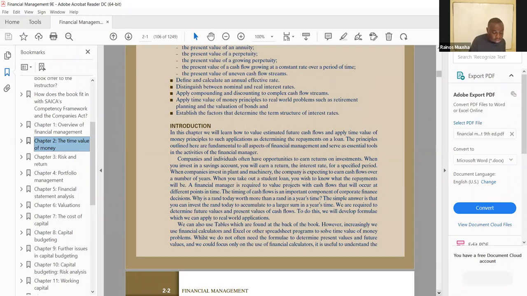So which means we're basically saying the time value of money principle, you are going to be seeing it being applicable even when we look at other chapters and concepts as well, because it basically forms the foundation of the activities that the financial manager is going to embark on, whether it's investing activity or financing activity.